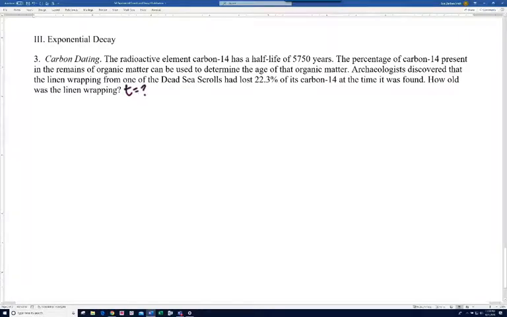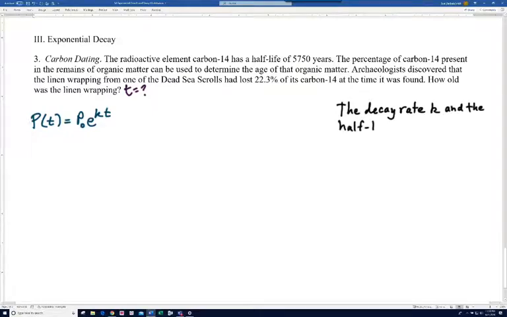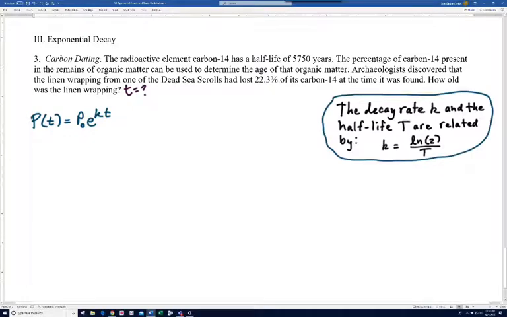All right, so I'm going to go ahead and write down our formula or our function. And there's something important I need to put here first, and that is a relationship between the decay rate and the half-life. This is a formula that you'll see in the book. It's not too hard to generate it, but we have a lot of other things going on here, so I'm just going to give it to you.